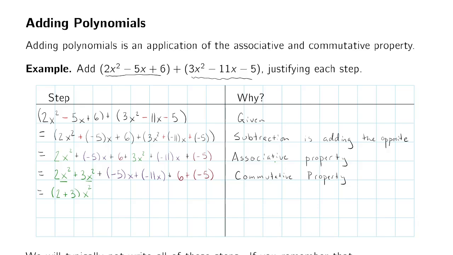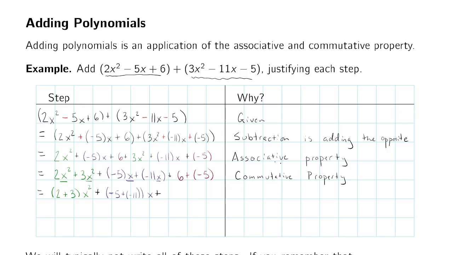If I have 2 times x squared plus 3 times x squared, that's the same as 2 plus 3 times x squared. Next, we have two terms with just an x in them. And again, we use the distributive property to say that negative 5 times x plus negative 11 times x is the same as negative 5 plus negative 11 times x.